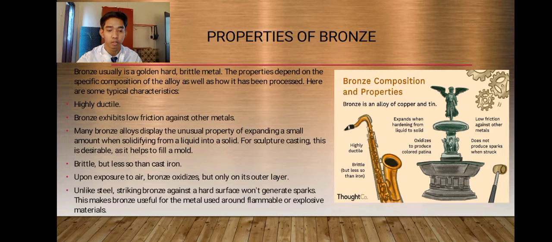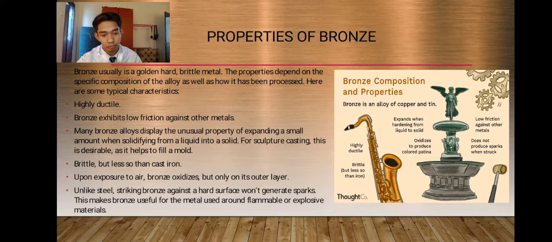Two, bronze exhibits low friction against other metals. And the third, many bronze alloys display the unusual property of expanding a small amount when solidifying from a liquid into a solid.